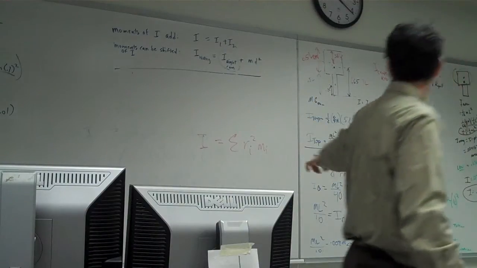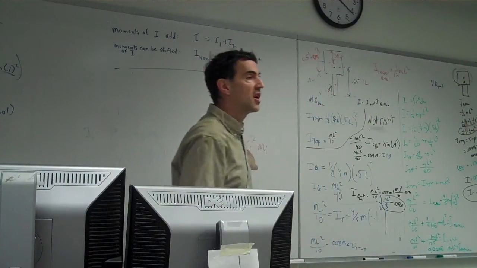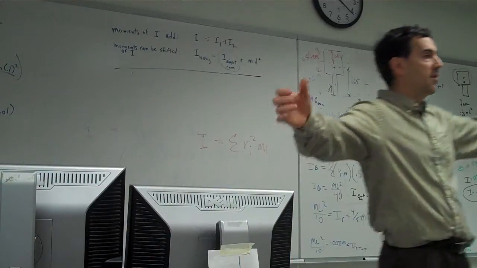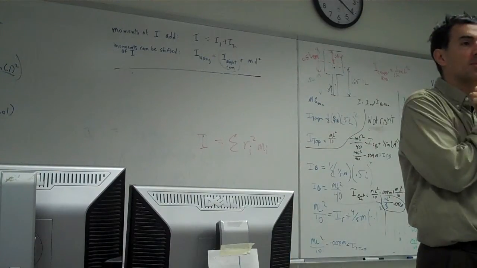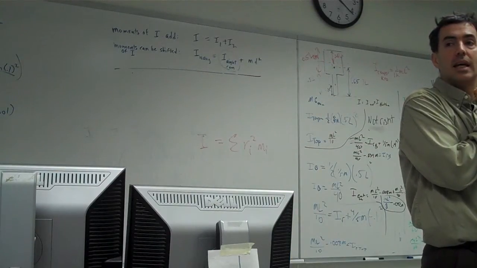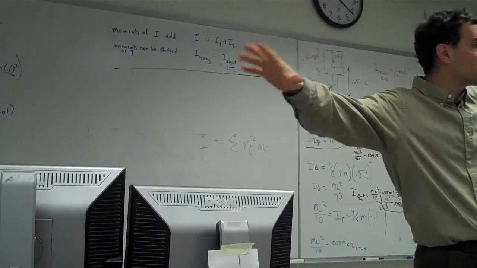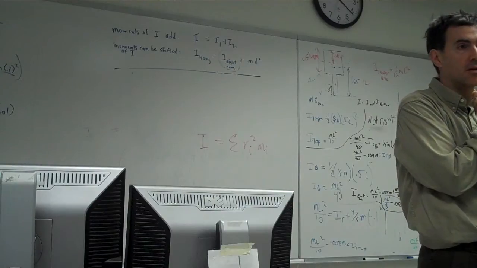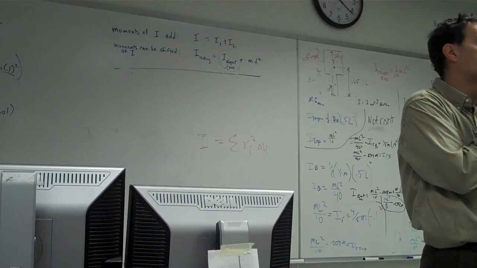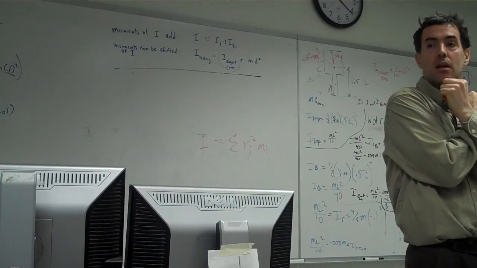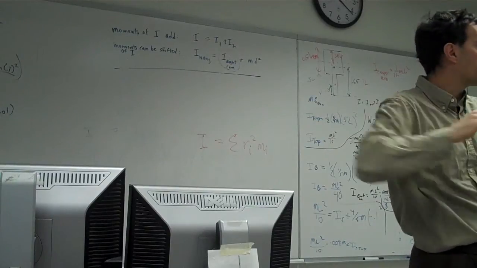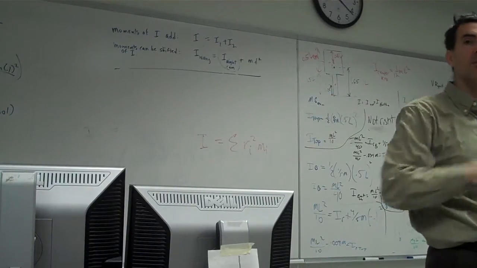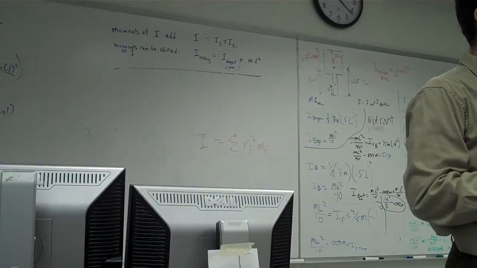No. So we're not changing the m's. What I'm changing is the r's. So if I go from this position to this position, did the distances from the masses to the center of mass go up or go down? Down. So did the moment of inertia go up or go down? Down. So when I change my shape to this, my moment of inertia will go down.